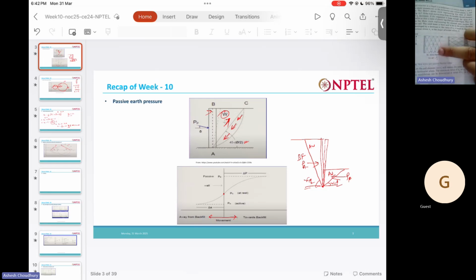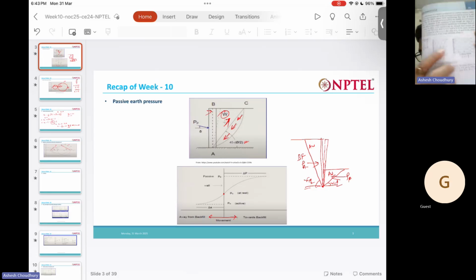This is the case for the active case and this is for the passive case. So we have two sets of possible failure planes, because in the Mohr circle also you can have two sets, one at the top and one at the bottom.